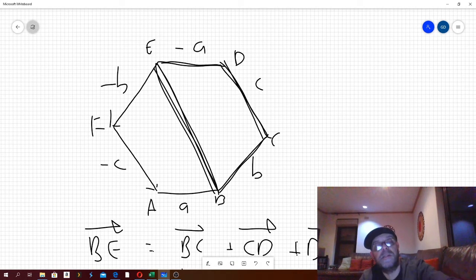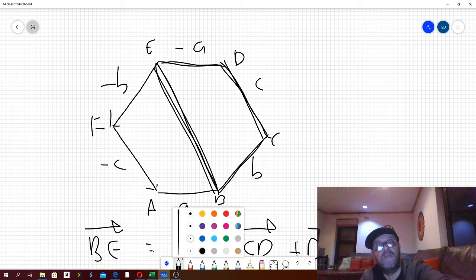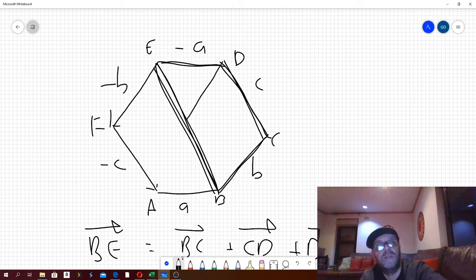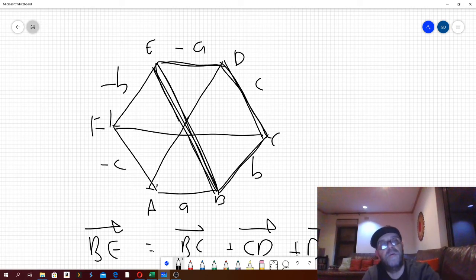That actually makes the hexagon a series of equilateral triangles. So these two sides here would actually be the same as the length of C, because these are all equilateral triangles.